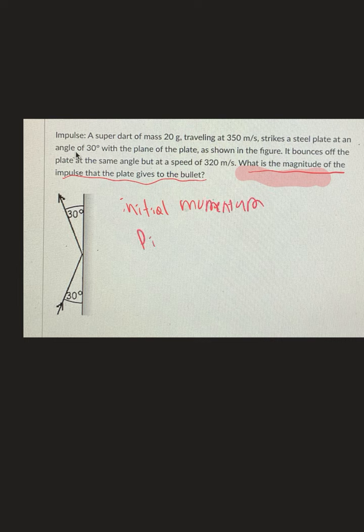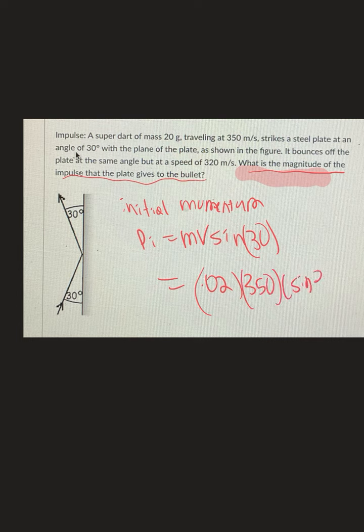It is given as p equals m v sine of 30, correct? So we put in the numbers: 2, 350, sine 30, correct? And that gives us 3.5 as the initial.